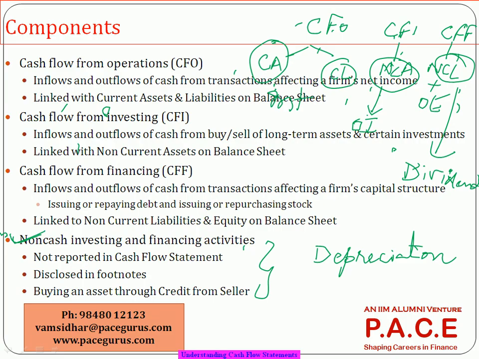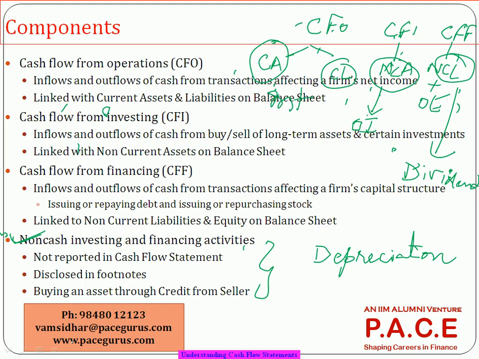Those are all called non-cash investment and financing activities. They do not have any entry in the cash flow statement. Right? When you are making a cash flow statement, otherwise you see here, buying an asset through credit from the seller is also an investment activity.